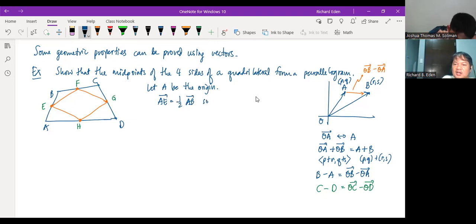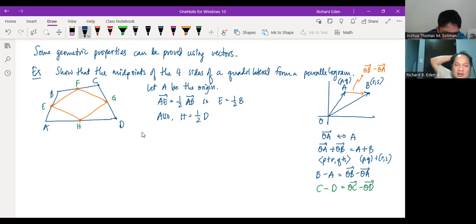Using our standard for simplifying the notation, we can write E is half of B. How about H? H is half of D. Now, what about F?